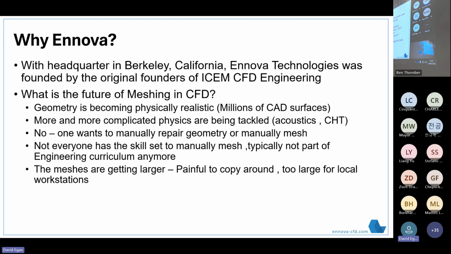And unlike in the past, people are very resistant to manual meshing, yet as everybody understands, you need a really good mesh to get a good CFD result. So the direction of Ennova is how do you rationalize all that? How do you build a tool that can work towards those goals?